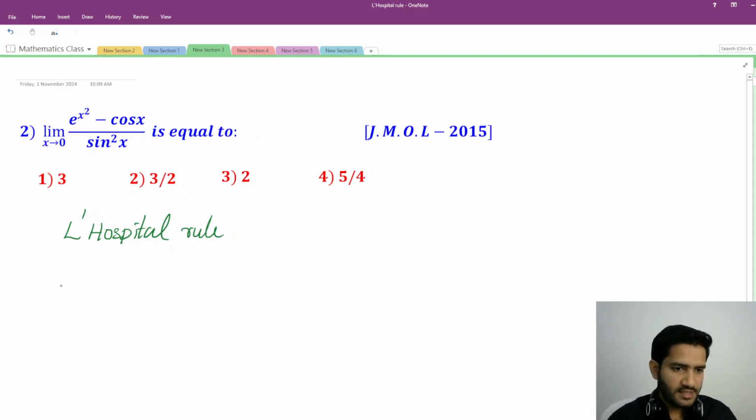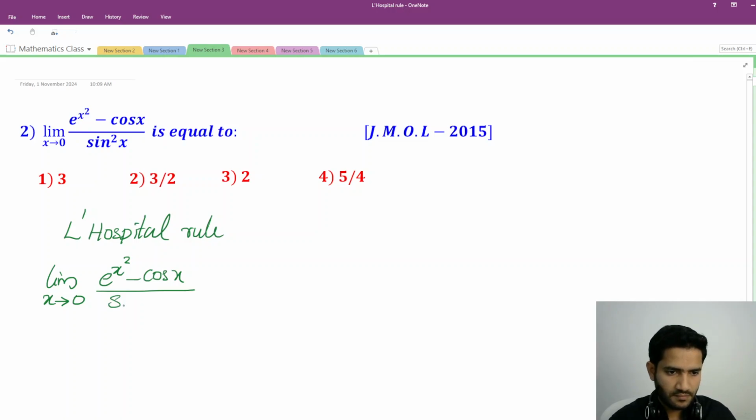L'Hopital rule says that first of all we want to substitute the value for x, because here we are finding the limit as x tends to 0 of (e raised to x square minus cos x) by sine square x. If you substitute x equal to 0, it will be e raised to 0 minus cos 0, so you will get 1 minus 1 by 0. So it is a 0 by 0 form.